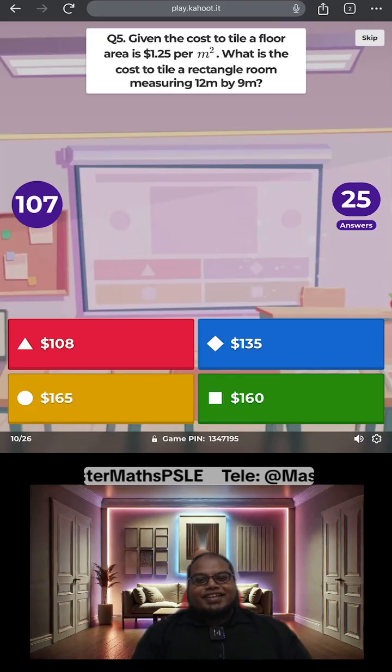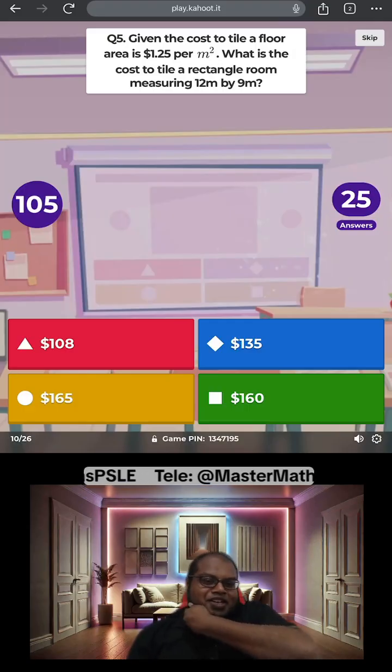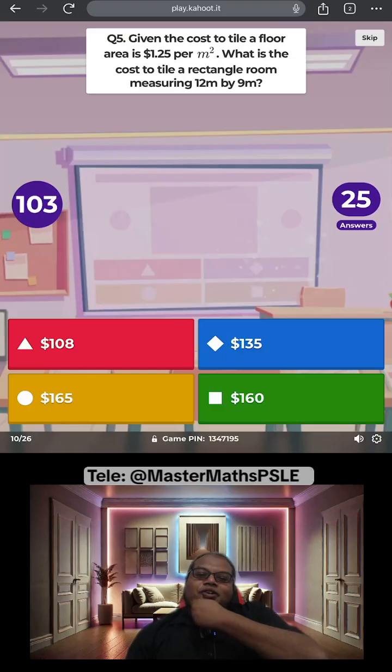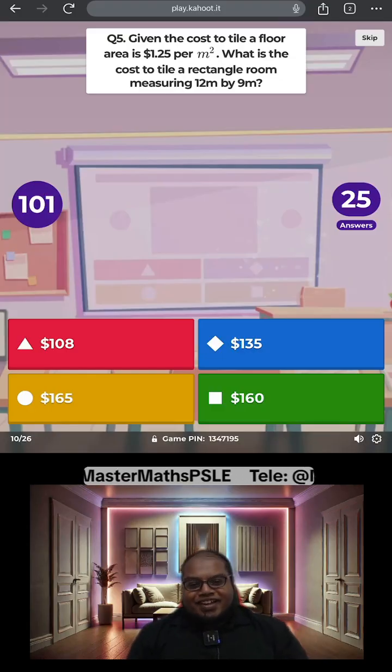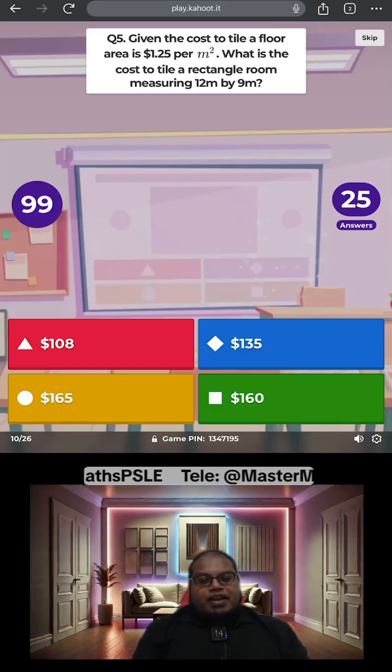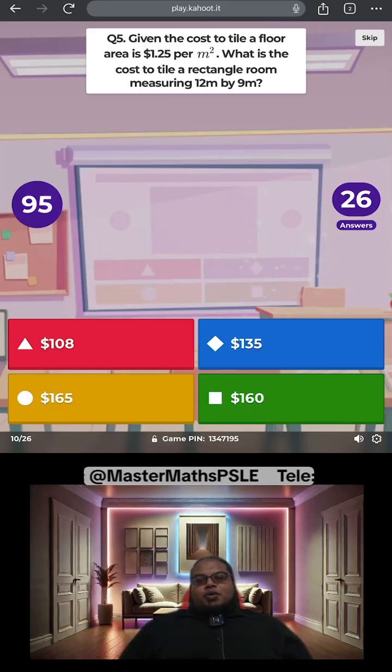Select properly. Okay, Dila, don't give the answers on the chat. That might be right, that might be wrong. Okay, we'll never know. So don't copy her answer.